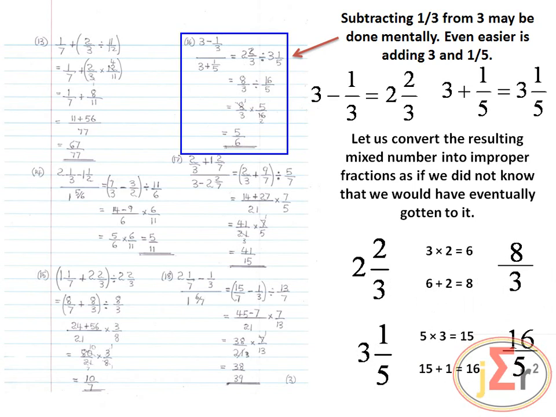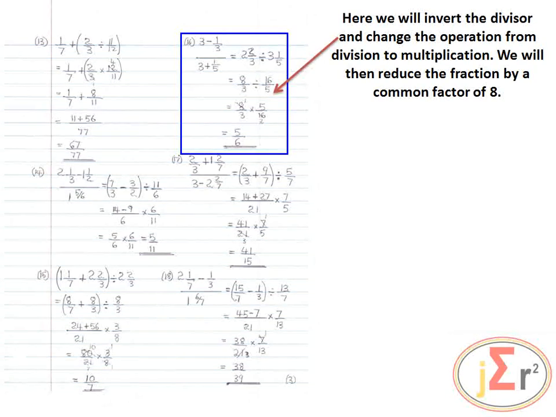And you know what we will do on the next slide. Here we will invert the divisor and change the operation from division to multiplication. We will then reduce the fraction by a common factor of 8. Alright, let's see what we have right there. If we have a large fraction bar, we have replaced the fraction bar already with a division sign.